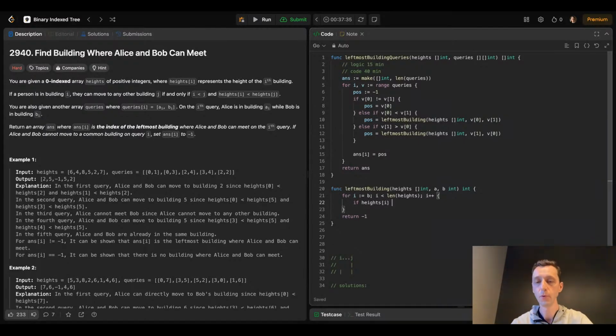Both of them could move to it because it's to the right, but we need to make sure that if heights I is bigger than heights A, so that's a building A could move into.